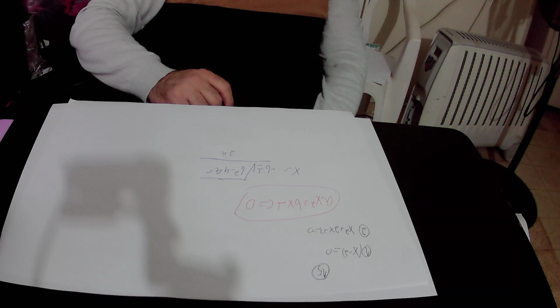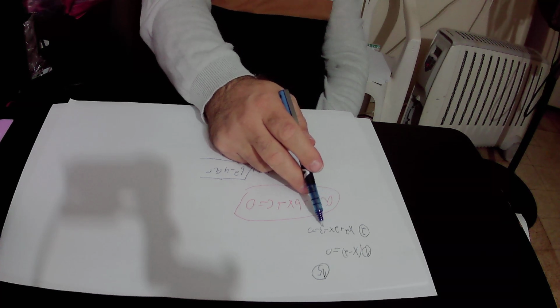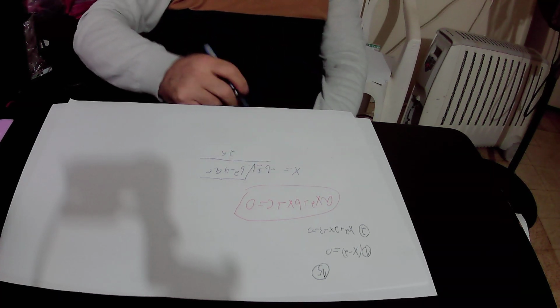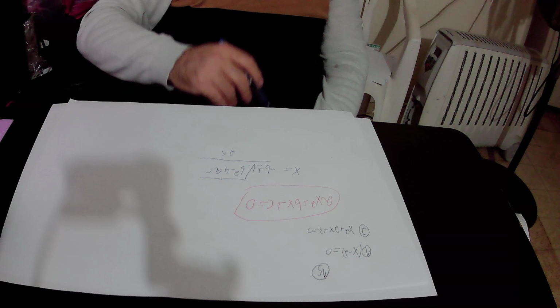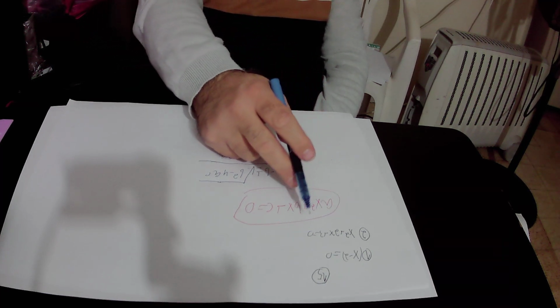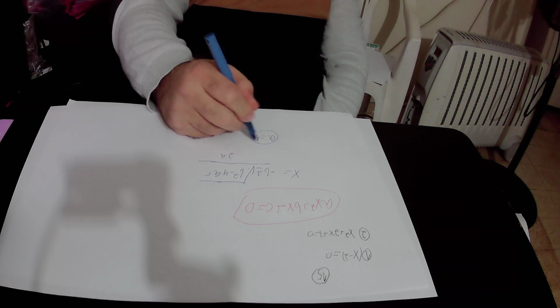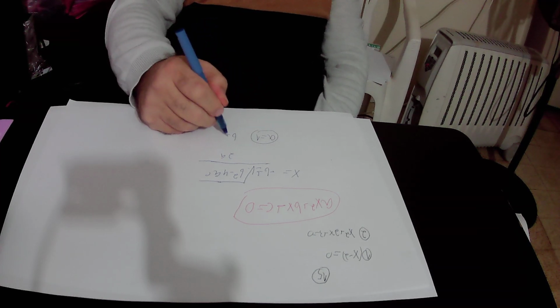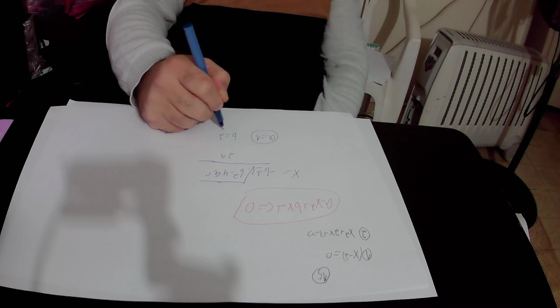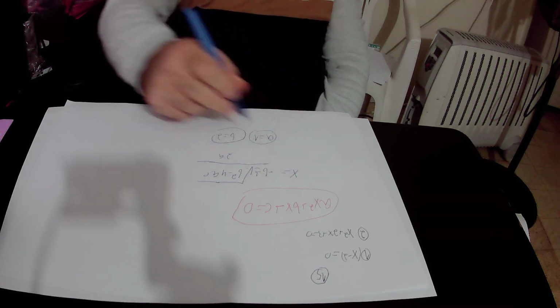So that is the solution for this general quadratic equation. Okay, and our specific quadratic equation is x squared plus 2x plus 3 equals to 0. In our specific quadratic equation, the coefficients are a equals to 1, b equals to 2, and c equals to 3.